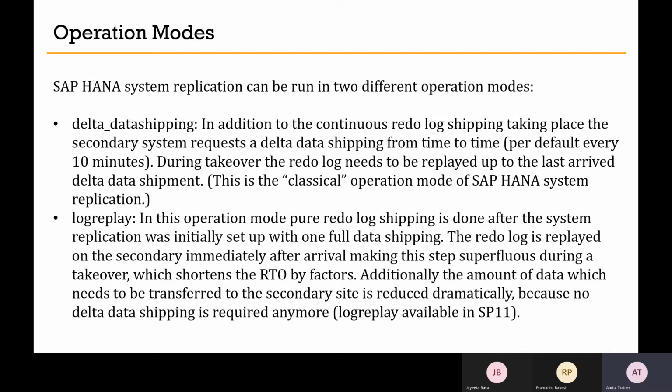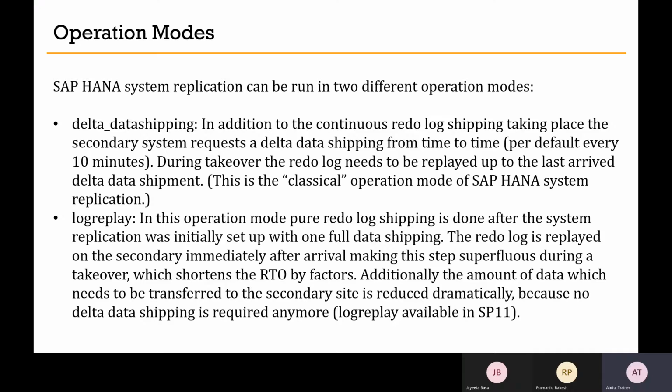When HSR was introduced, SAP supported only one operation mode, delta data shipping, till HANA 1.0 SP10.